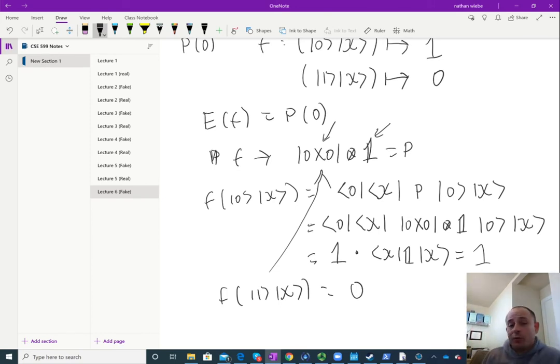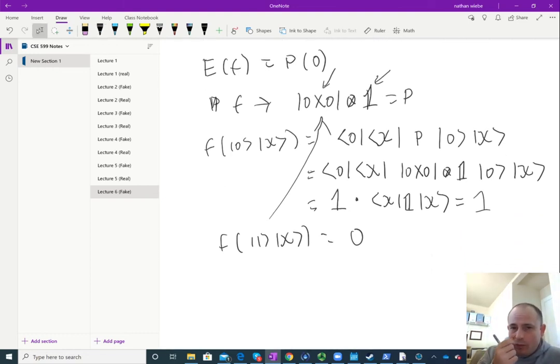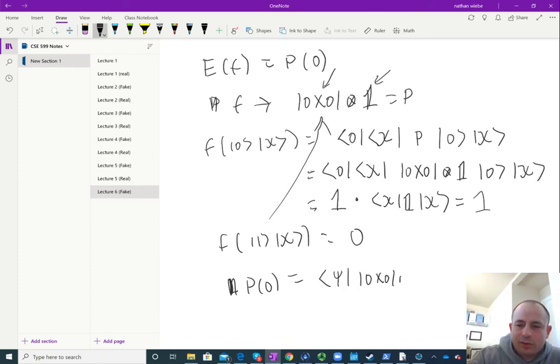So this is one way of doing it, and what we want to do is find the expectation value of this. So what we end up getting is, in general, for any quantum state, the probability of 0 can always be written as the expectation value of psi, 0, 0 tensor identity, psi over here.